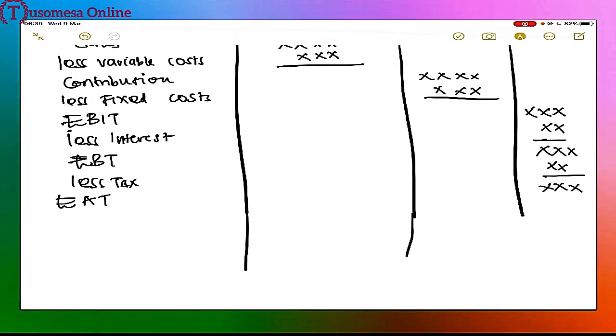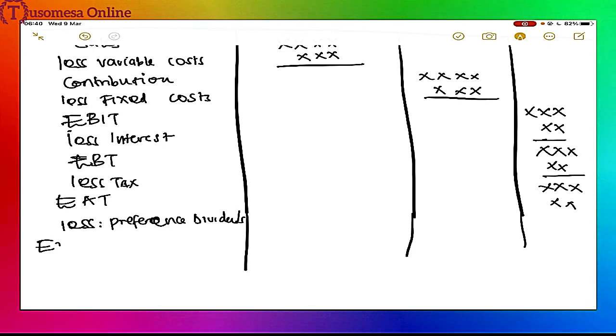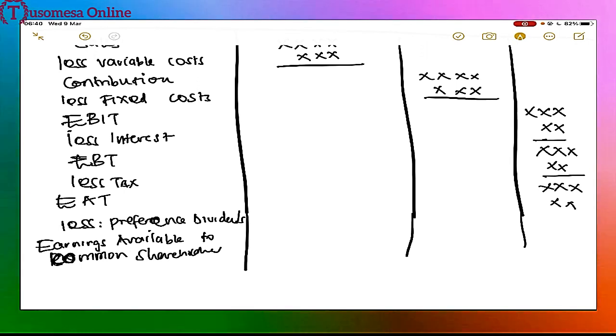Now the earning after tax, when you less the preferred dividends we've just talked about, you end up with the earnings that are available to the common shareholders only.